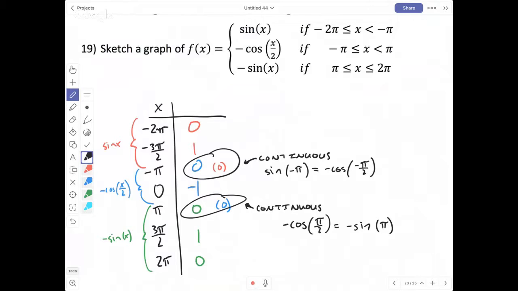So neither of these have discontinuities. It's continuous here, and it's continuous here. There's going to be no jumps when we switch from this definition or when we switch from that definition. Nice, continuous piecewise function. Okay, so now let's sketch a graph of it.